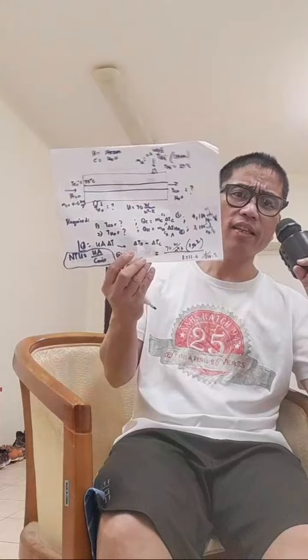Now, these are temperatures. You get the point? Here, you have the temperature. So what is the temperature of water going inside the heat exchanger? That is 25 degrees Celsius.